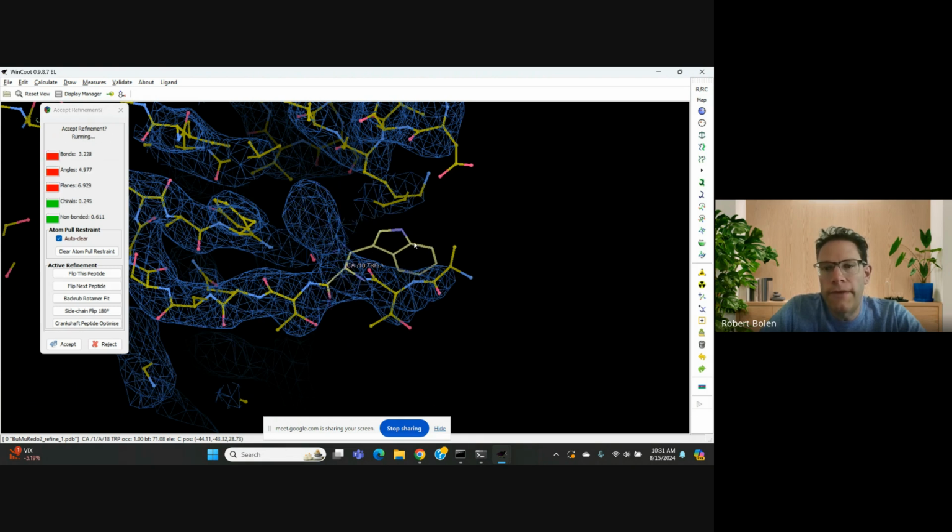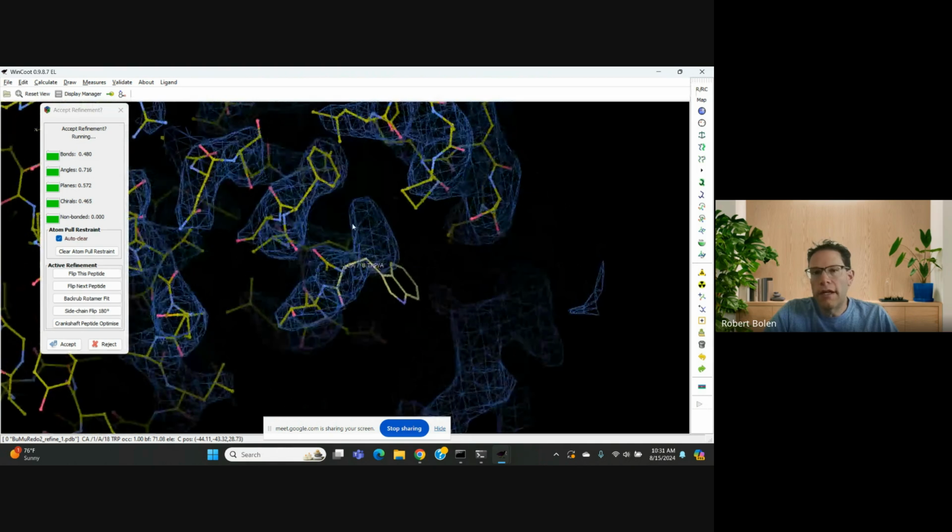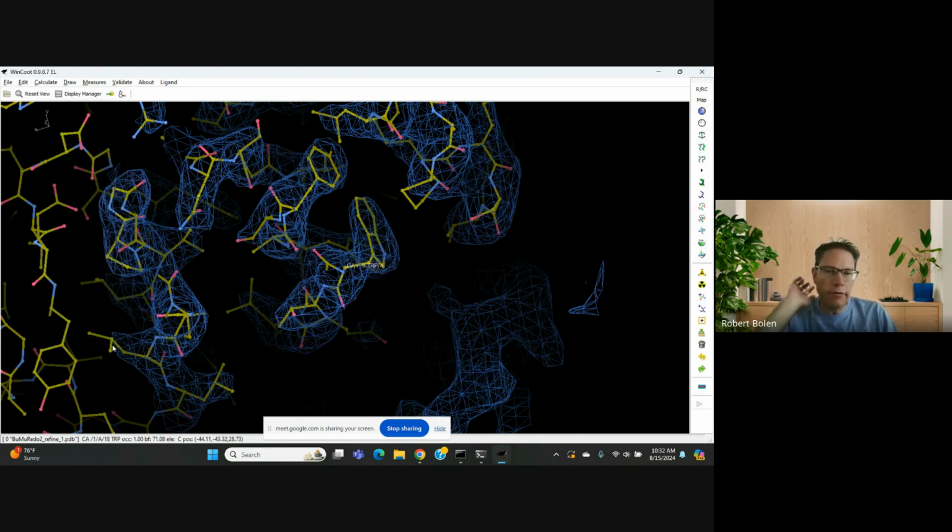If it doesn't fit, you can see what happens. I get all these red rectangles here, and the computer program's really not happy with this, to the point where it might actually crash. What it'll do is try to move it into a different conformation that works. So this is a conformation that works, but it doesn't necessarily fit the density. So we can just reject that and put it back in.